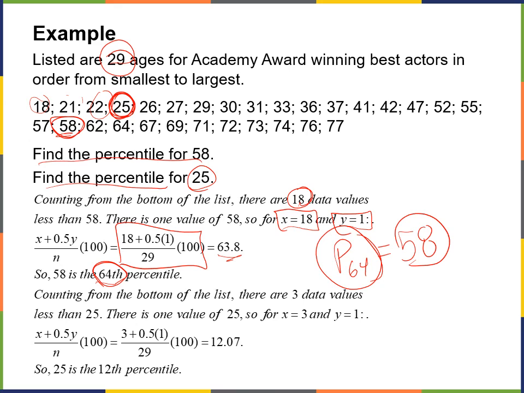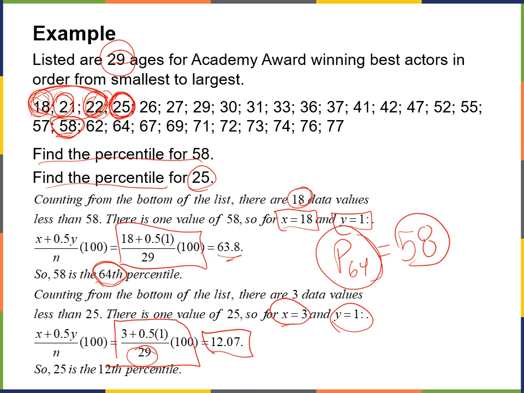So if we count, you clearly see 1, 2, 3. There's 3 data values that are less than it. So X would be 3. 25 only occurs one time, so Y would be 1. N is the number of values total, still 29. So put all that into your formula. You get 12.07.